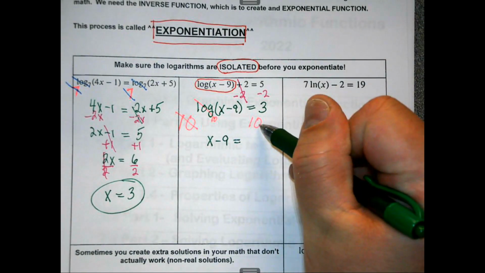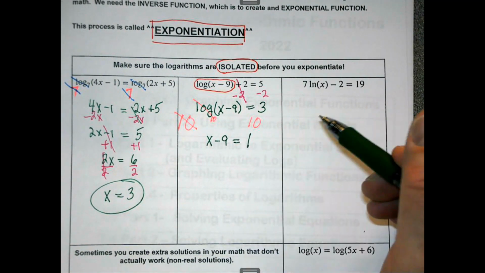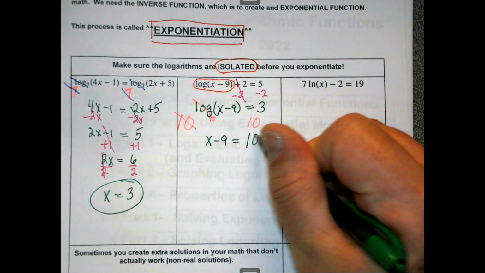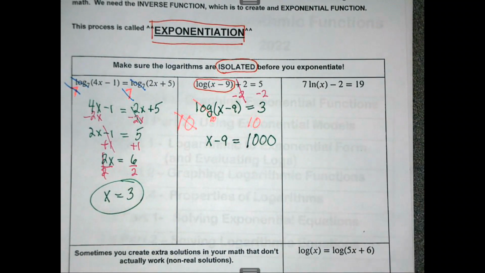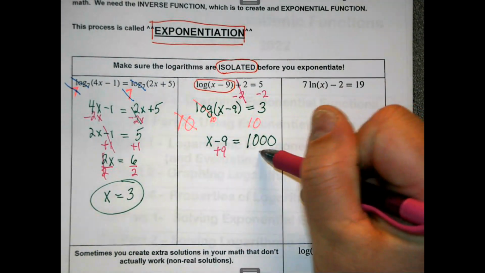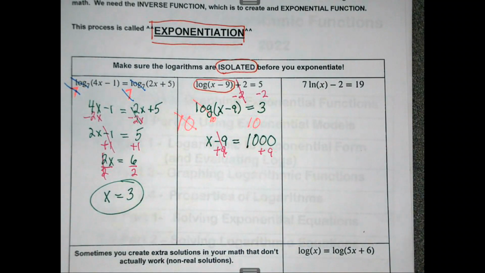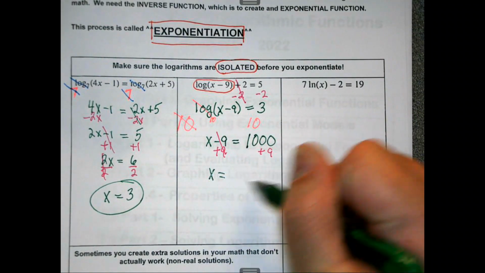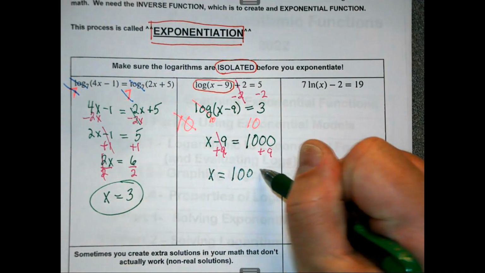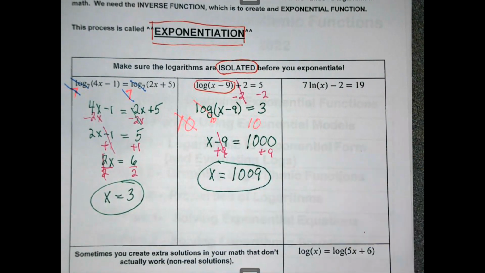And what's 10 cubed? 1,000. Good. And now I just got to solve for x. Add 9 to both sides. My answer? 1,009. Bet you never had an answer like that in algebra before.